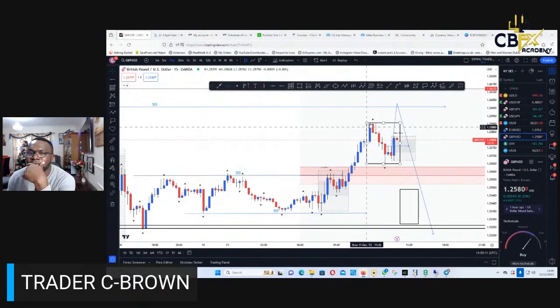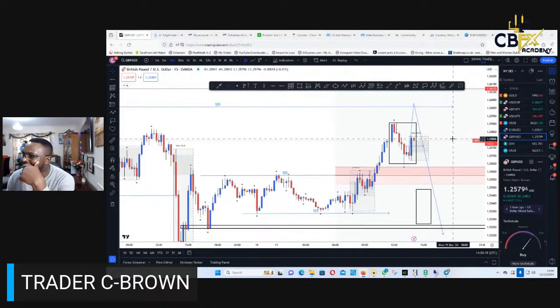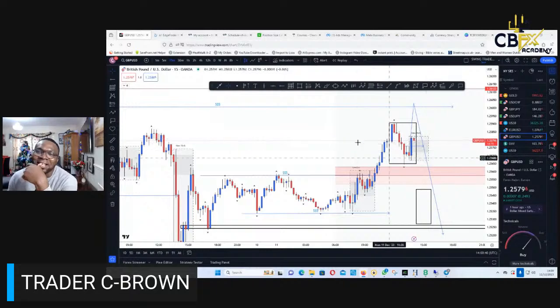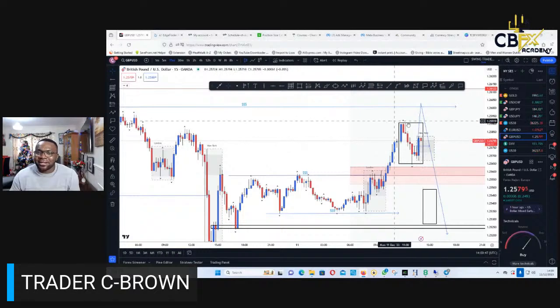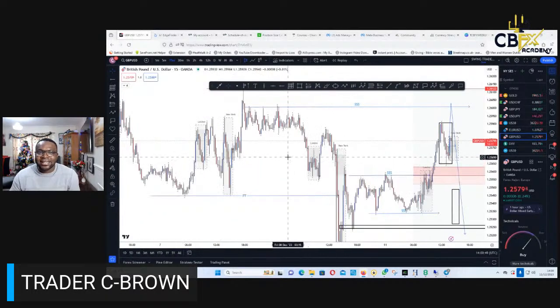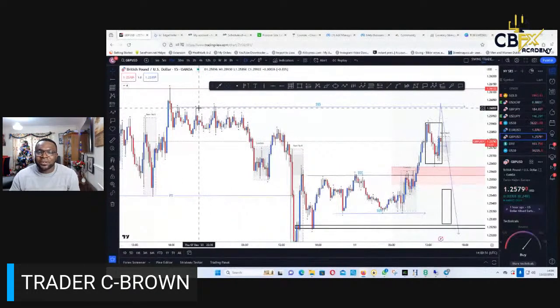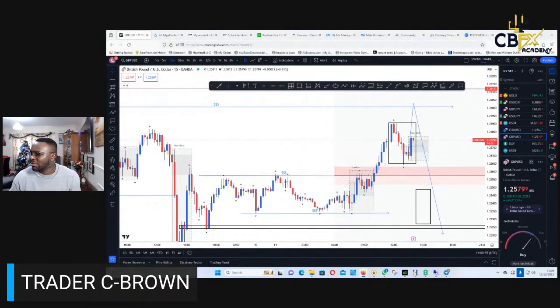I anticipate a takeout. It needs to break out of this box. And that doesn't mean it's a breakout strategy. I'm using it as a liquidity range, okay? So price will take out liquidity high and then eventually tap into this liquidity if you want. If it doesn't, it sells. That's what I'm looking for.